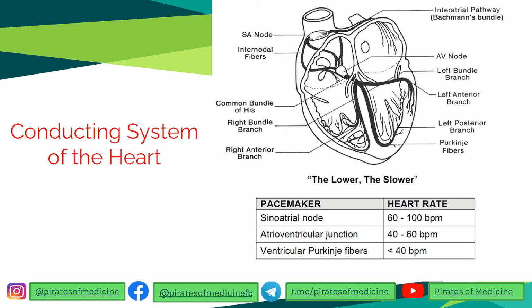Ventricular Purkinje fibers are the pacemaker of the heart when the heart rate per minute is less than 40. So I think you understand. Pacemaker SA node when it's 60, and that is why the answer is SA node.